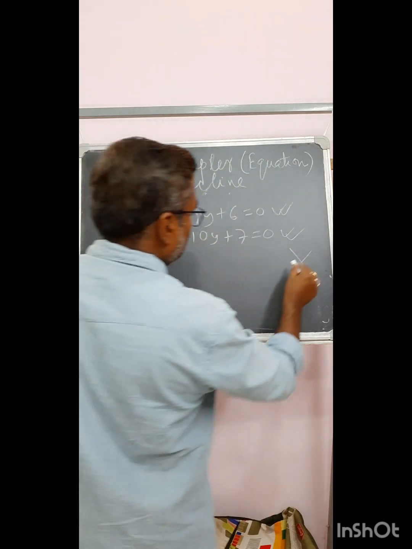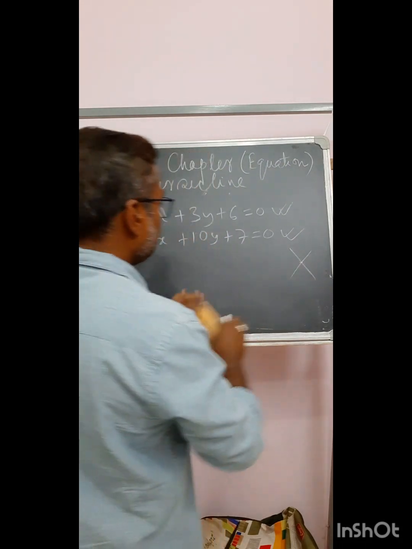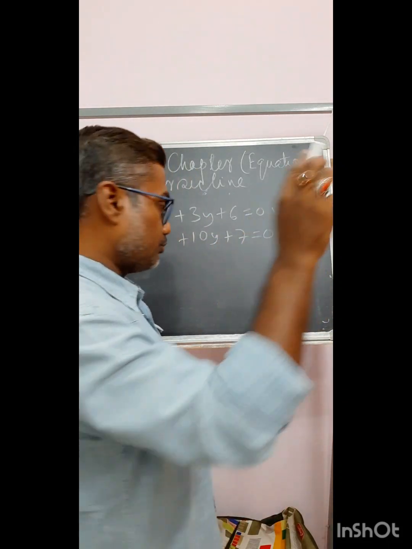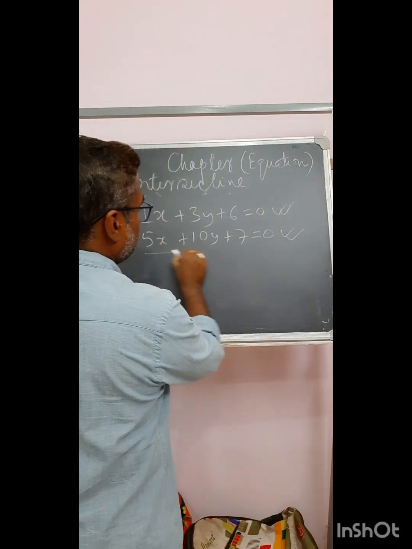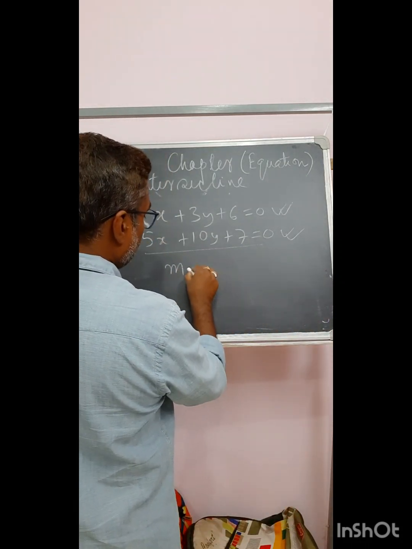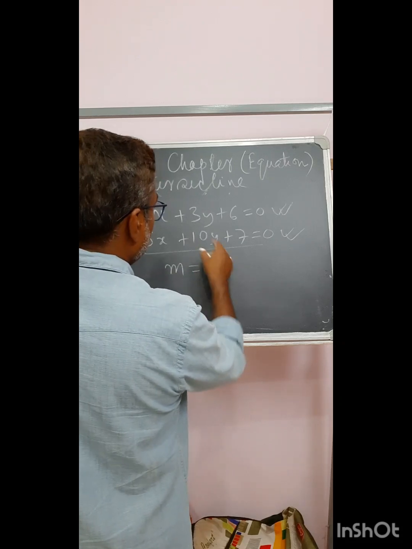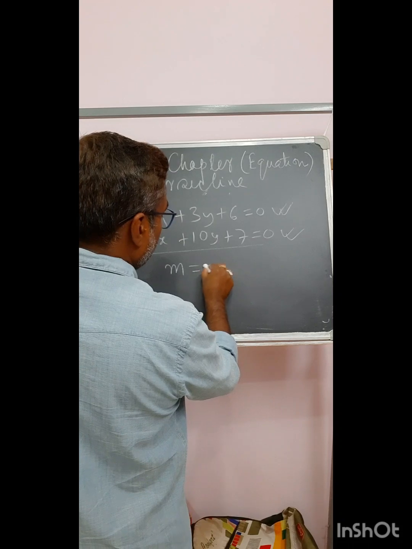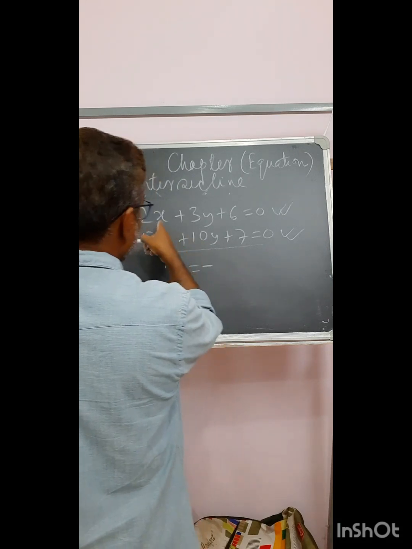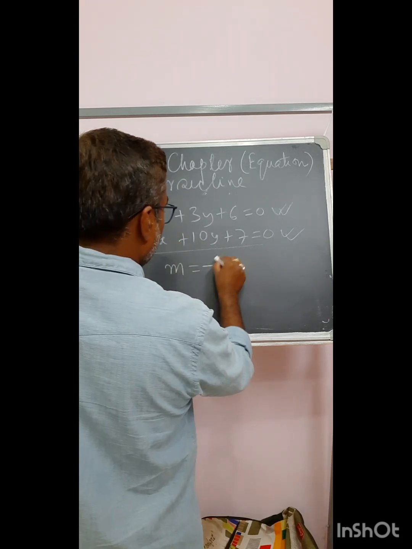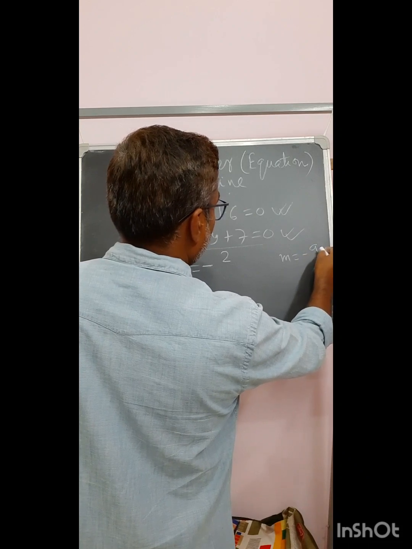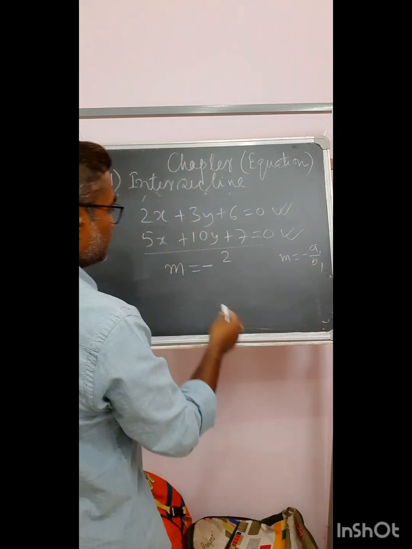If I assume it, one thing you can do prior to that is prove whether these lines are parallel or not, so you can eliminate that. If they are parallel, the slope tan theta, m, is the minus of the coefficient of x by the coefficient of y, that is, slope is minus a1 by b1 for this line.